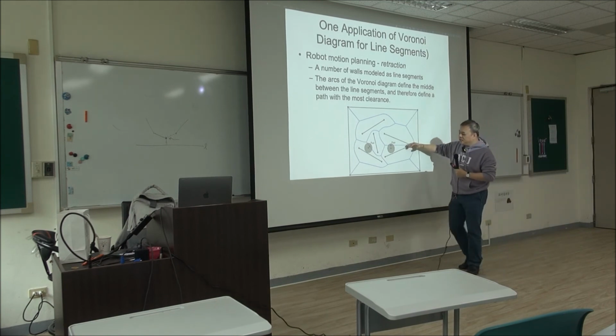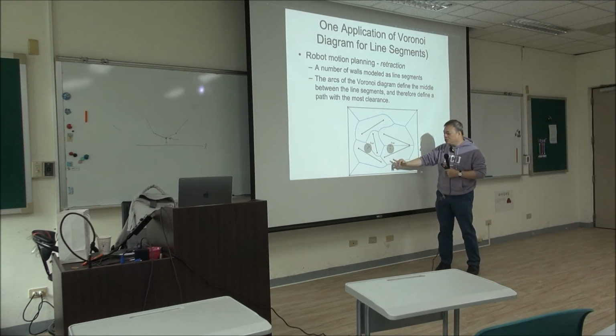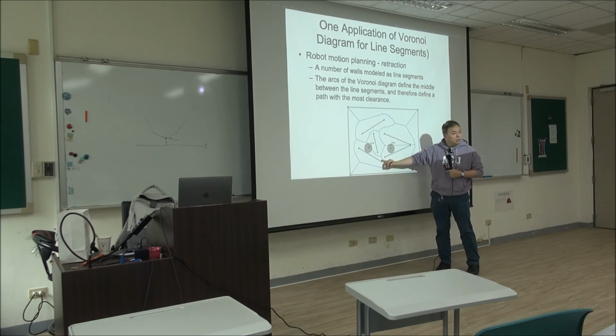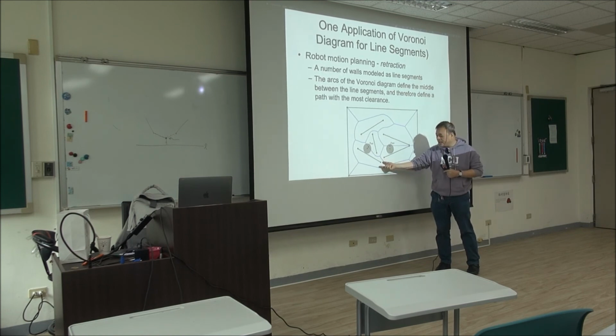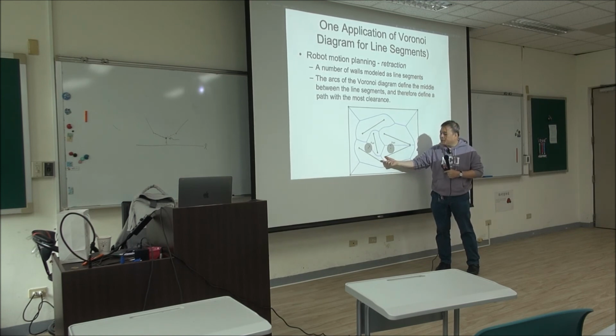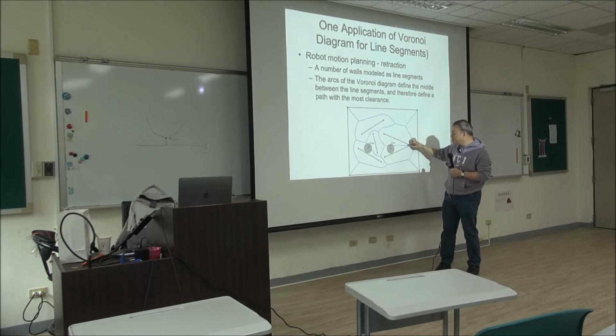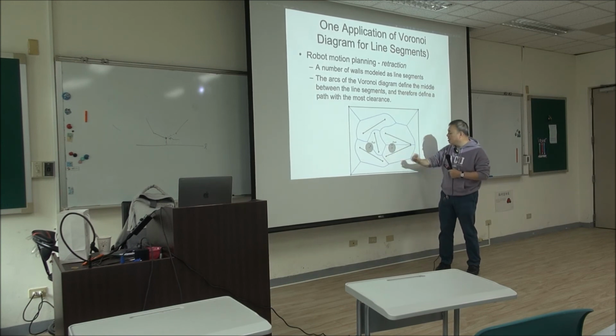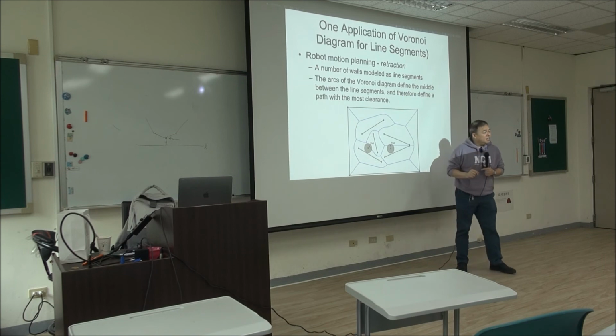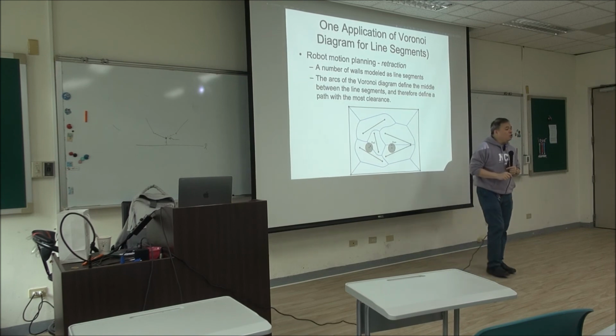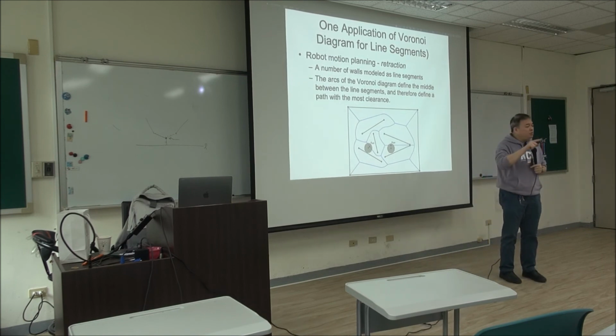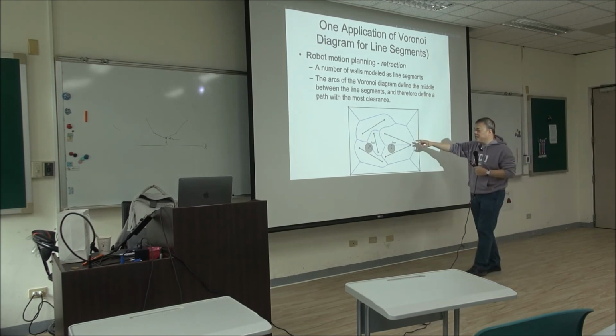For a similar reason, you are going to remove this edge because it's too narrow. You remove this, you remove this. After that, you still have all these edges, right?